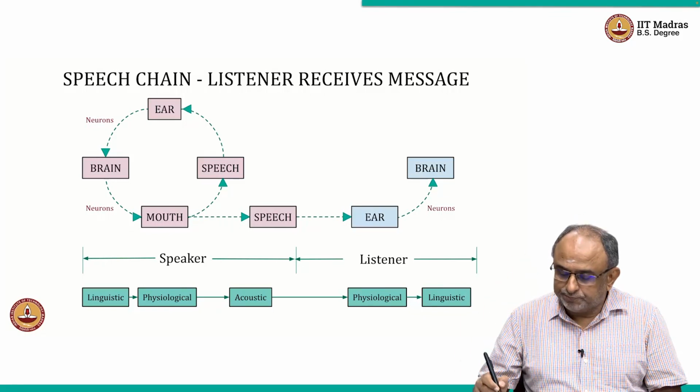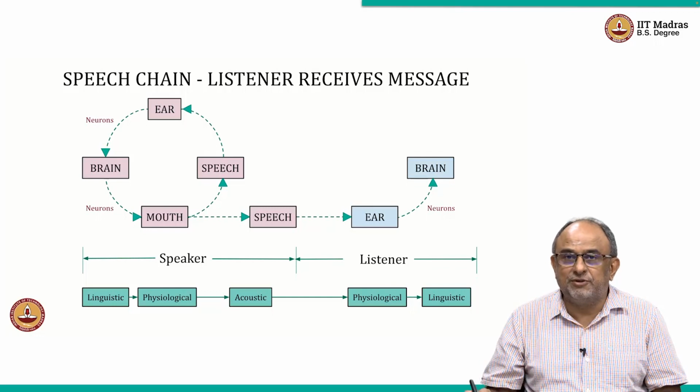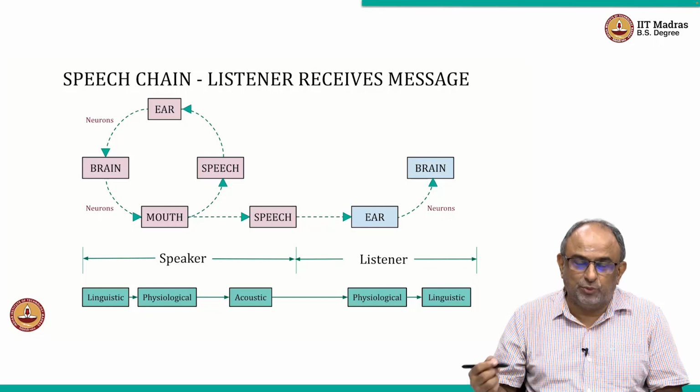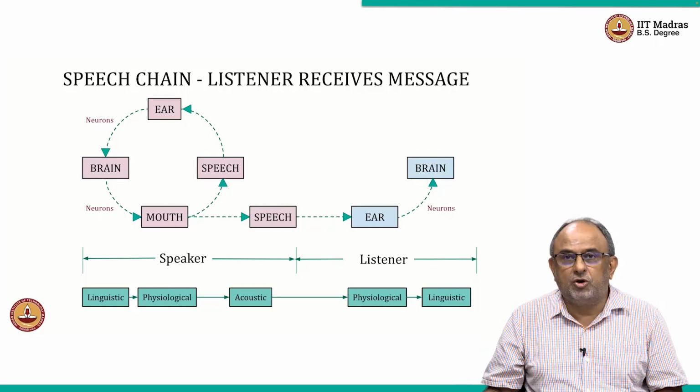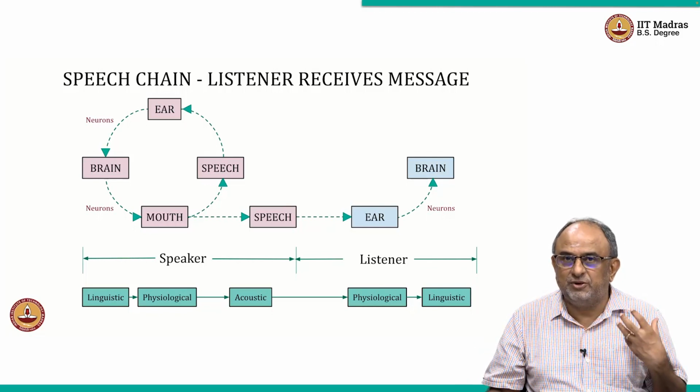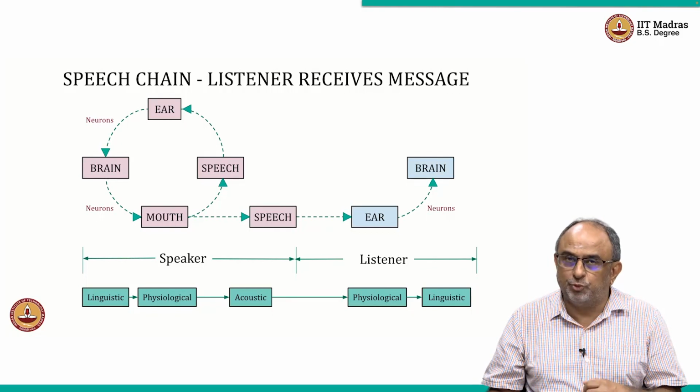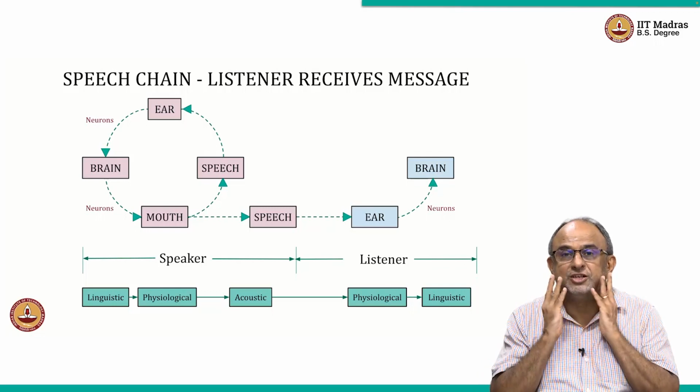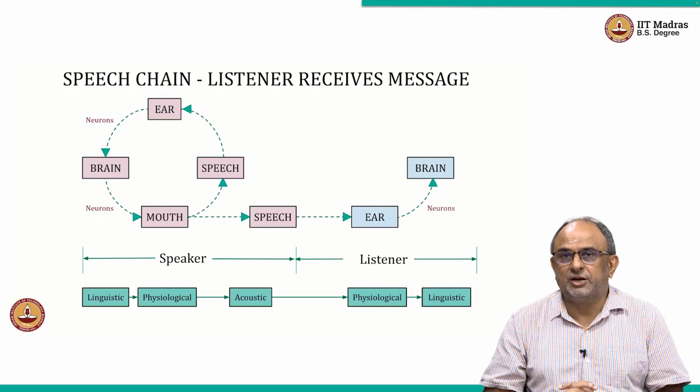Okay. So there are terms that I will be using, which are linguistic and physiological. Linguistic is the message which I'm going to frame in terms of the words, right? The linguistic information. Physiological, because physiology, right? I'm going to be moving certain parts of my mouth, my tongue, and so on.